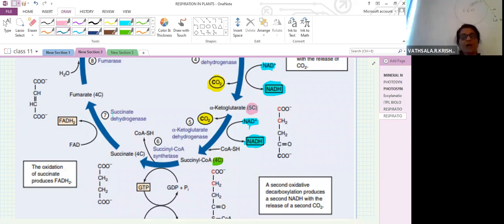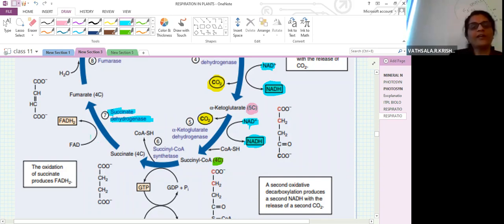Keep in mind, succinic dehydrogenase is towards the inner mitochondrial membrane. It forms the conversion of FAD to FADH2, and this is also an energy precursor.